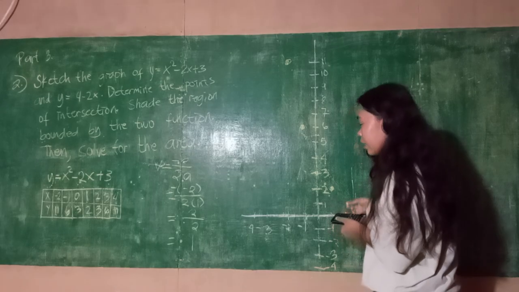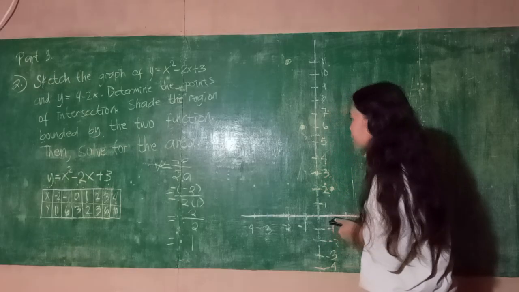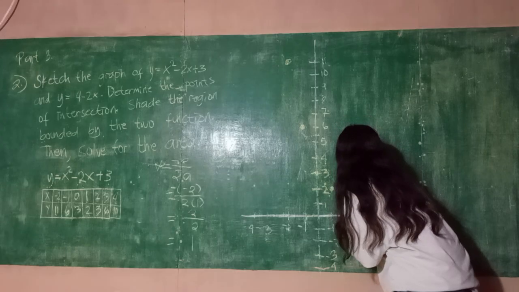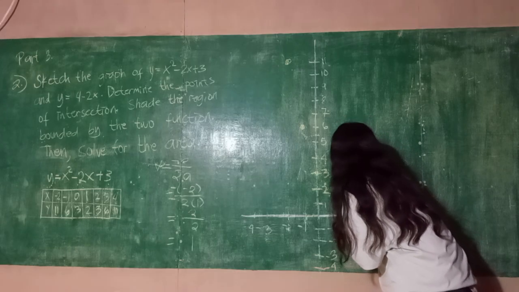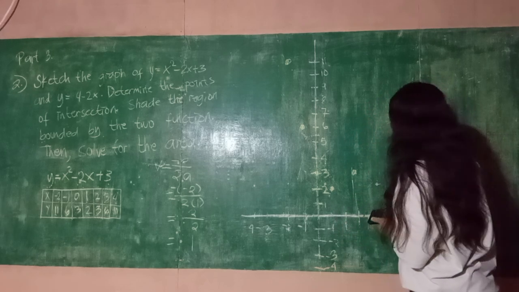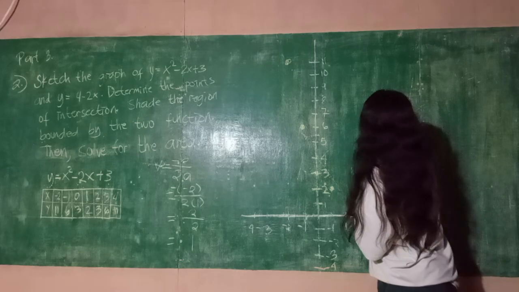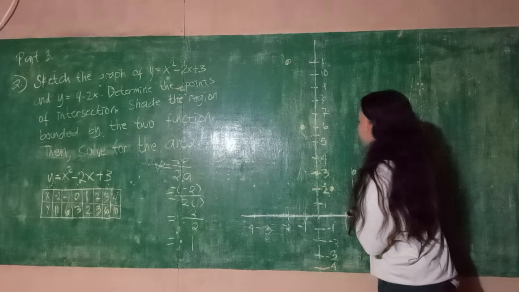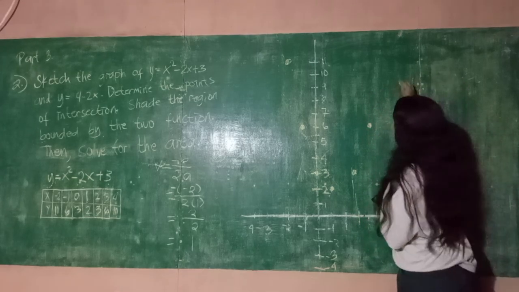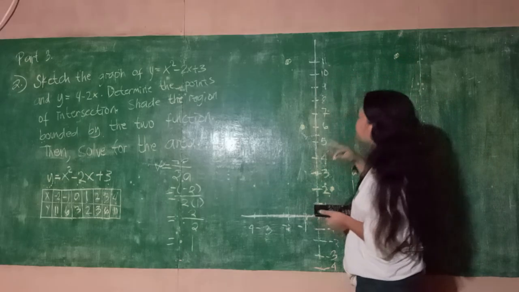If x is 2, our y is 3. And if x is 3, our y is 6. And if x is 4, then our y is 11. And then we connect the points.